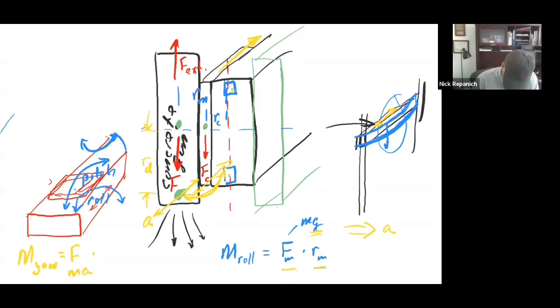So MA times R sub D gives you the moment on there. Let's say you came out and said, that's 4 Newton meters, for instance.